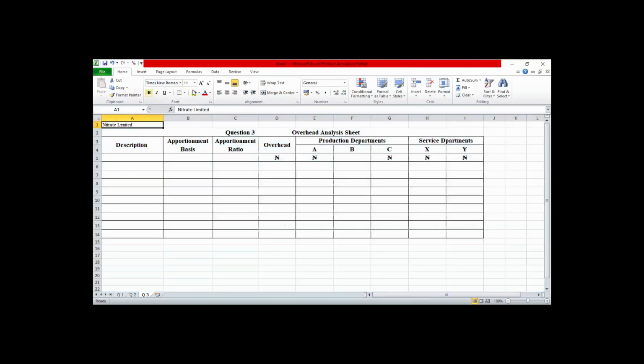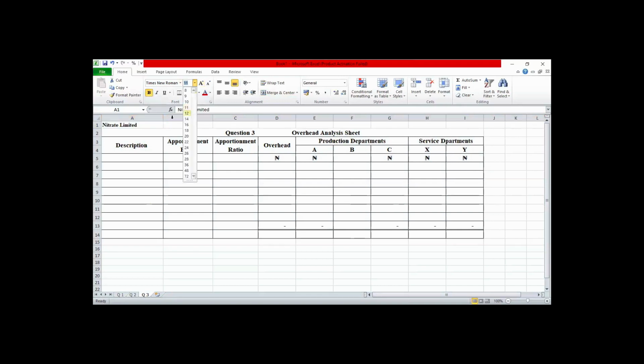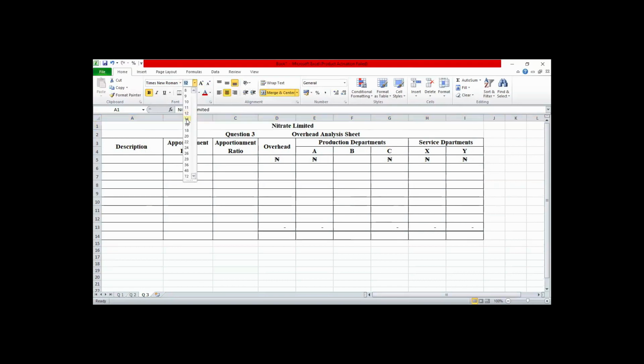The annual overheads are as follows. The production department A has 56,000 naira. What is the description given to us in the question?